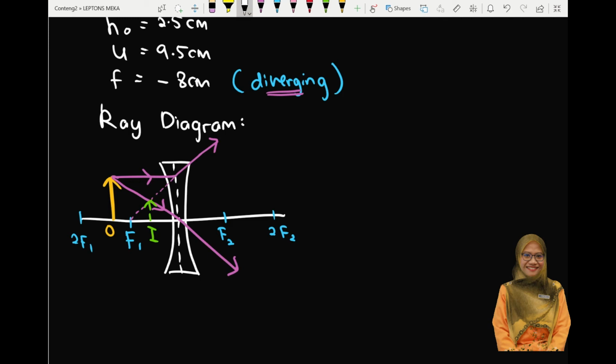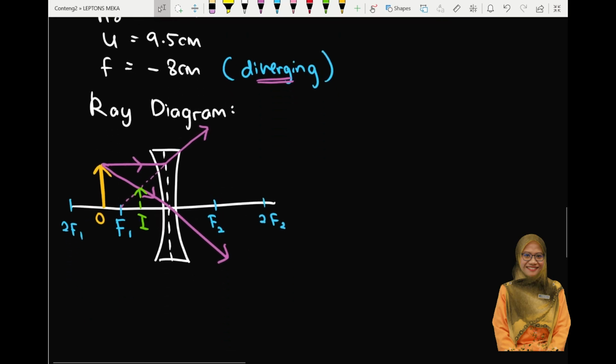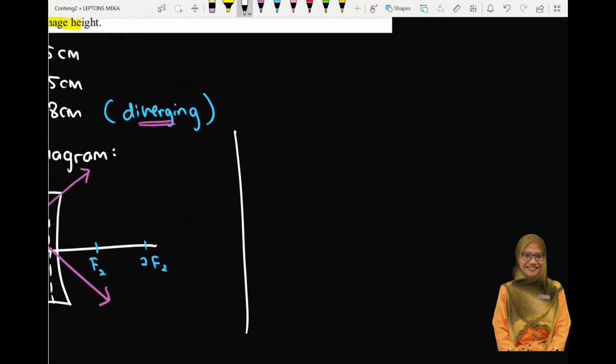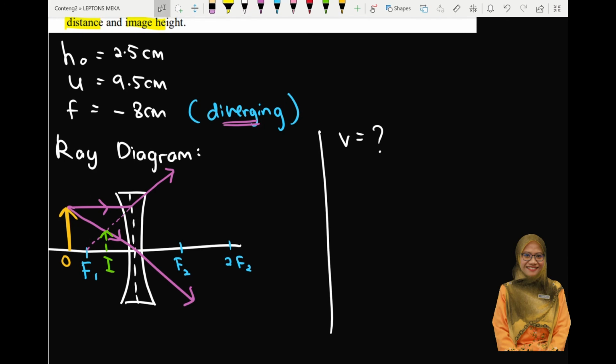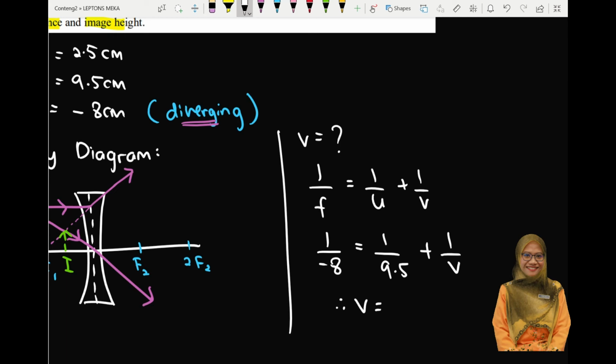Now we go further with the calculation. We want to calculate the image distance, so we want to find V. Based on the information given, you have U and you have F, so just use the lens equation: 1 over F equals 1 over U plus 1 over V. Our F is -8 because it is a diverging lens, equals 1 over U, which is 9.5 centimeter, plus 1 over V. Therefore, the V we get is negative 4.34 centimeter.